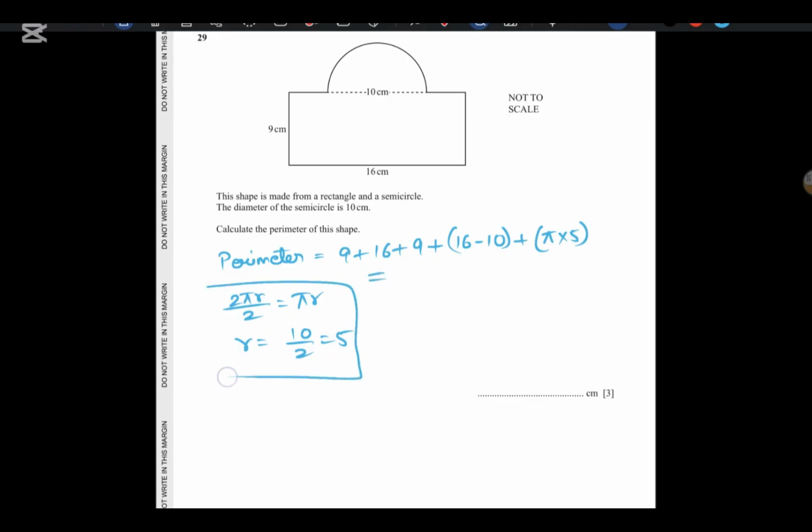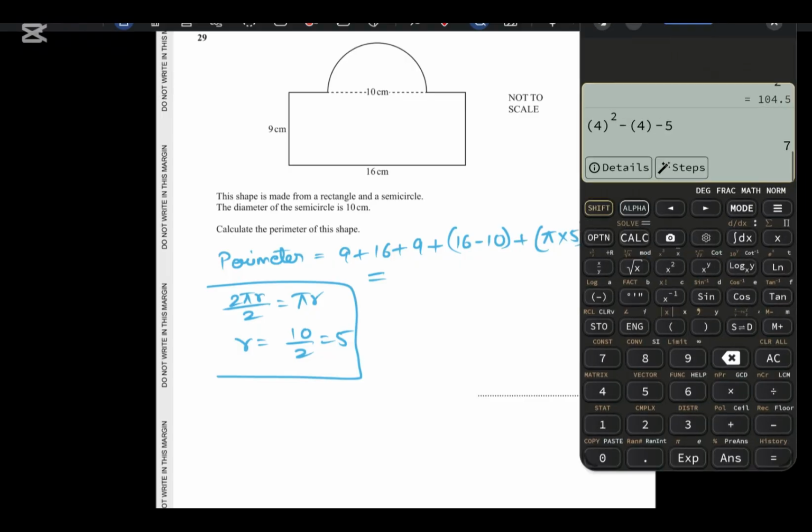Okay, so this is the way you can find out the answer. So 9 plus 16 plus 9 plus 16 minus 10 plus pi into r, r is 5.